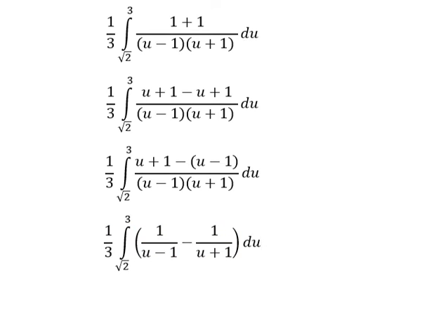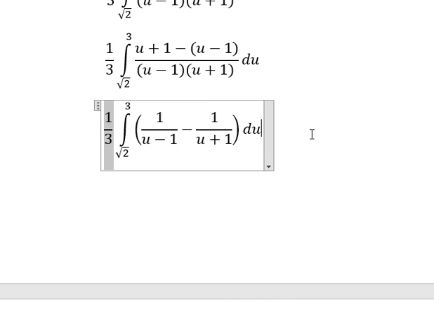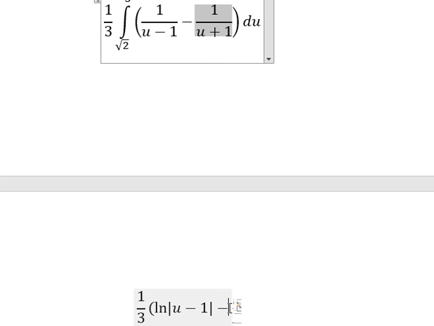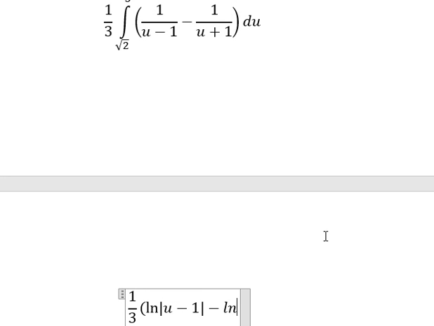And now we have the final answer. The integration of this one, we have ln of the absolute value of u minus 1. The integration of this one, we have ln of the absolute value of u plus 1.